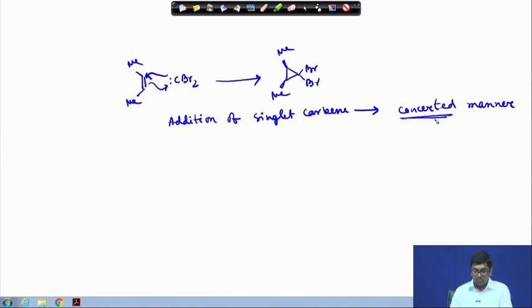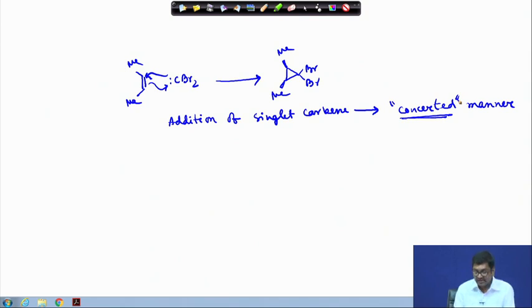Okay. So, now what is this concerted manner? That means they are happening in a simultaneous way. That means it is not a stepwise process, it is happening in one step. Okay. That is why we can call it a concerted fashion.